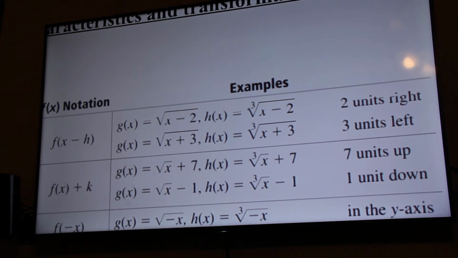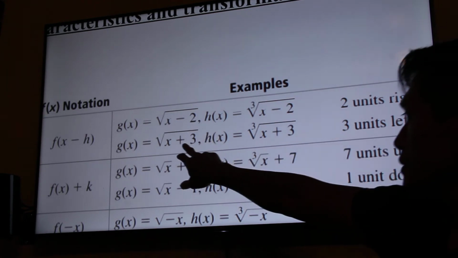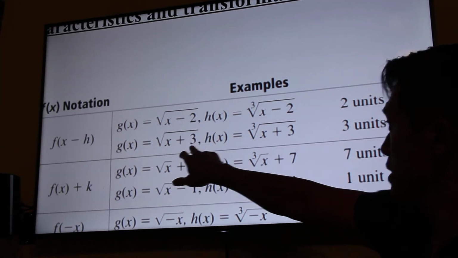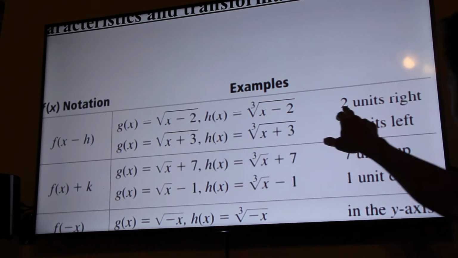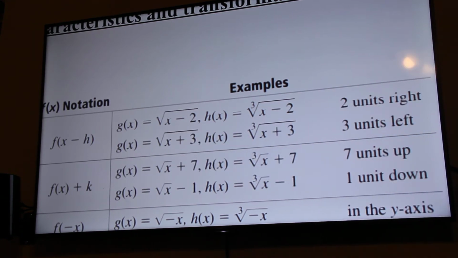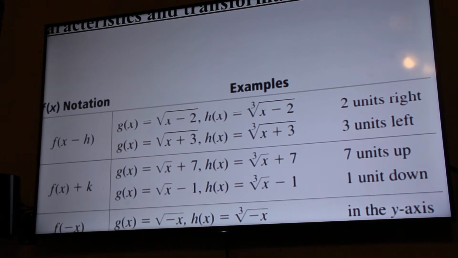The same type of horizontal translation happens for g of x equals square root of x plus 3, which is 3 units to the left. So the x plus 3 means 3 units to the left, the x minus 2, 2 units to the right. Okay? So just pay attention to that when you see it here.